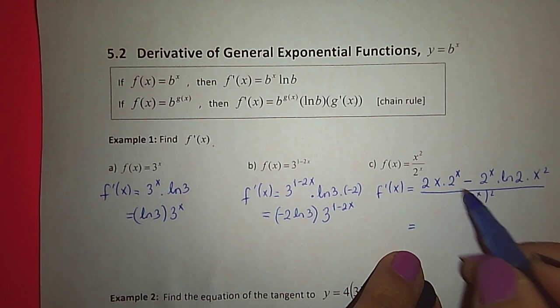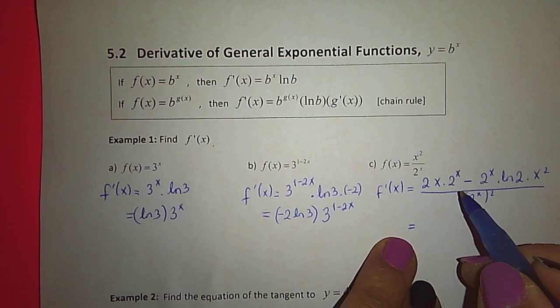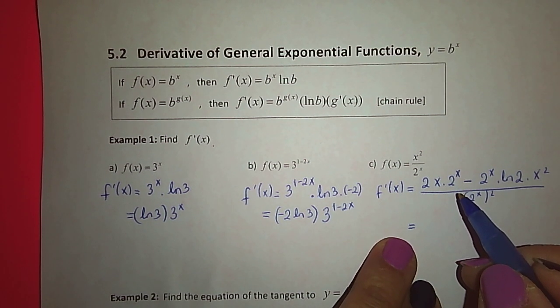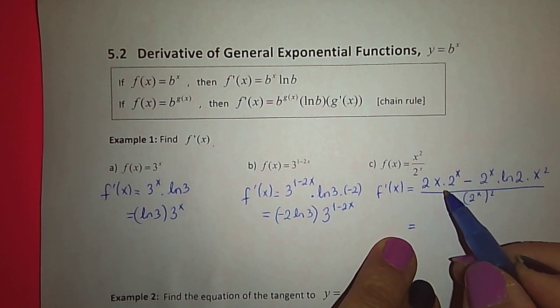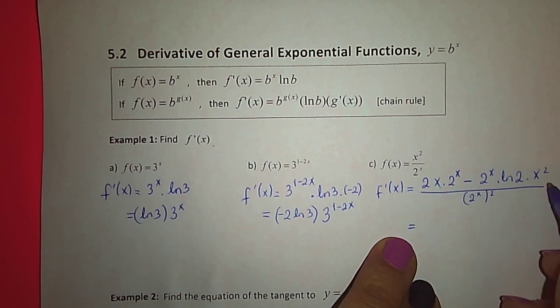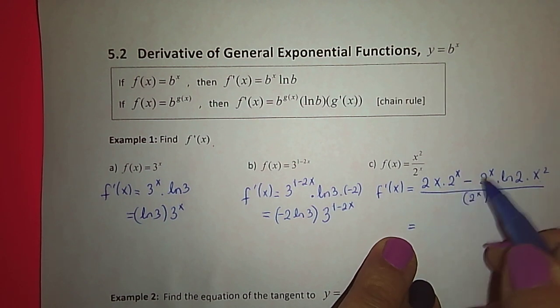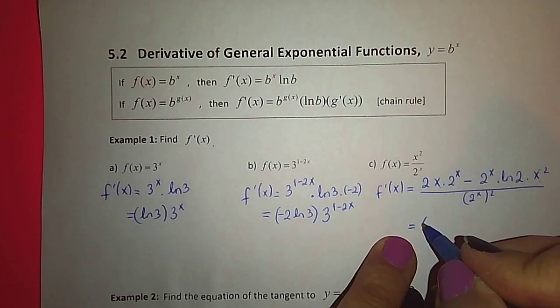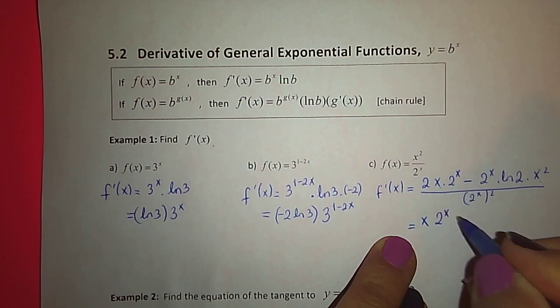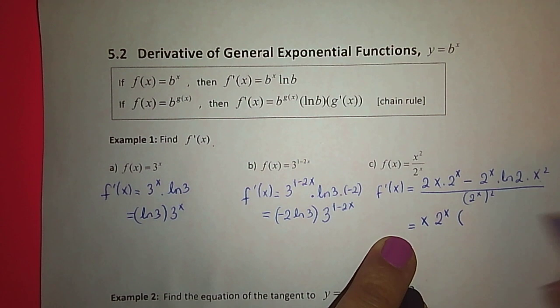So now we can factor. When we take the derivative, we always leave it in factored form. We see that x is a common factor and 2 to the power of x is a common factor. So x and 2 to the power of x is the common factor. Then we get 2 from the first term, and then we get x times ln 2 from the second term.